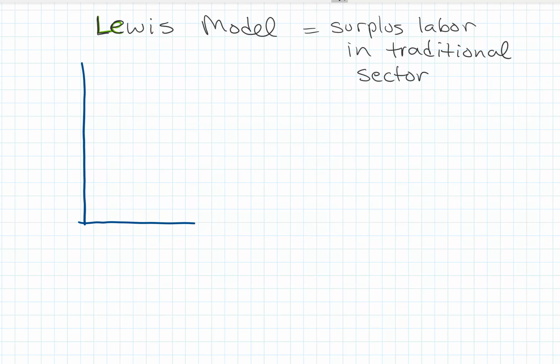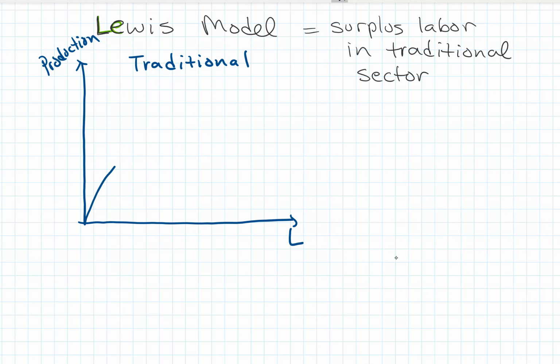This would be like, if this is the traditional sector, that's the labor going into the traditional sector, and then this is the product. This is how much they're producing, right? This is our production. So his idea was that the traditional sector looks like this.